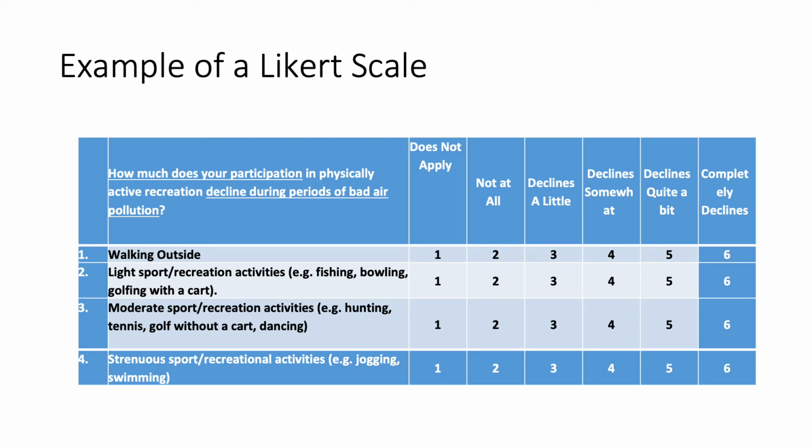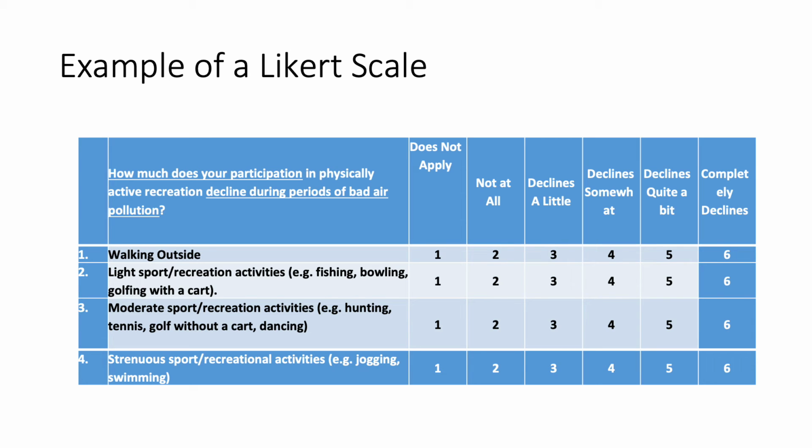So this provides a numerical value to a particular question. There isn't a correct answer for this, but it is more about providing your best opinion on the question. You can see in the example it asks, how much does your participation in physically active recreation decline during periods of bad air pollution?